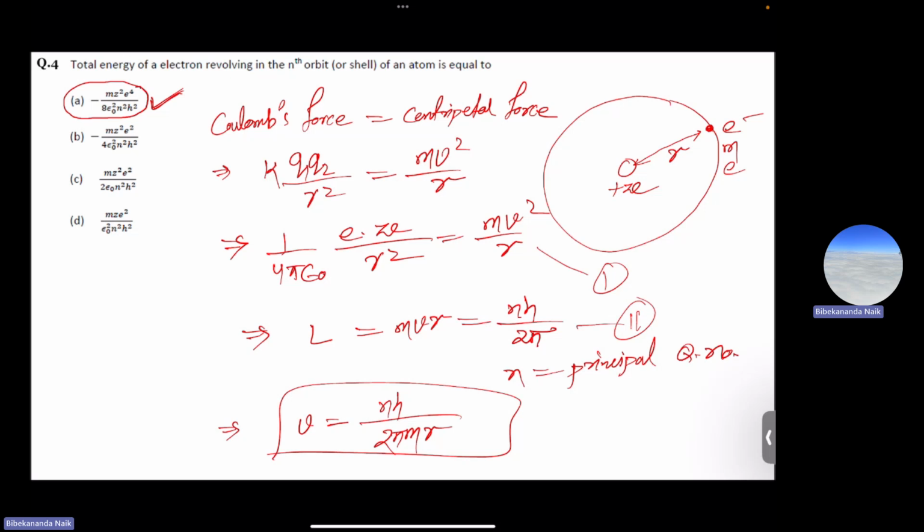If we talk about this question again, first we balanced the Coulombic force of interaction between the nucleus and the electron with the centripetal force, and after balancing, we got the expression for kinetic energy, which is half mv square. If you add potential energy to the kinetic energy, it will give the total energy. However, the total energy contains r, but in the options there is no r.